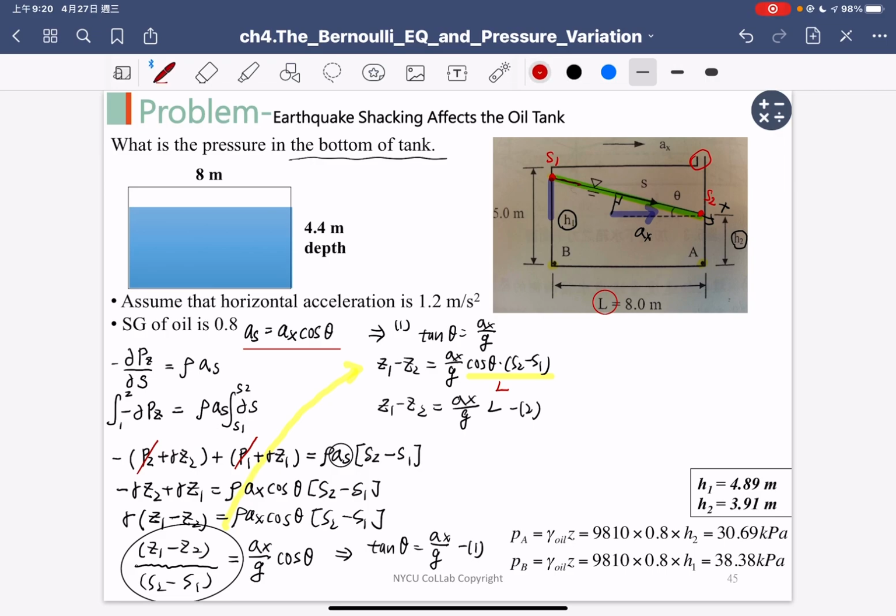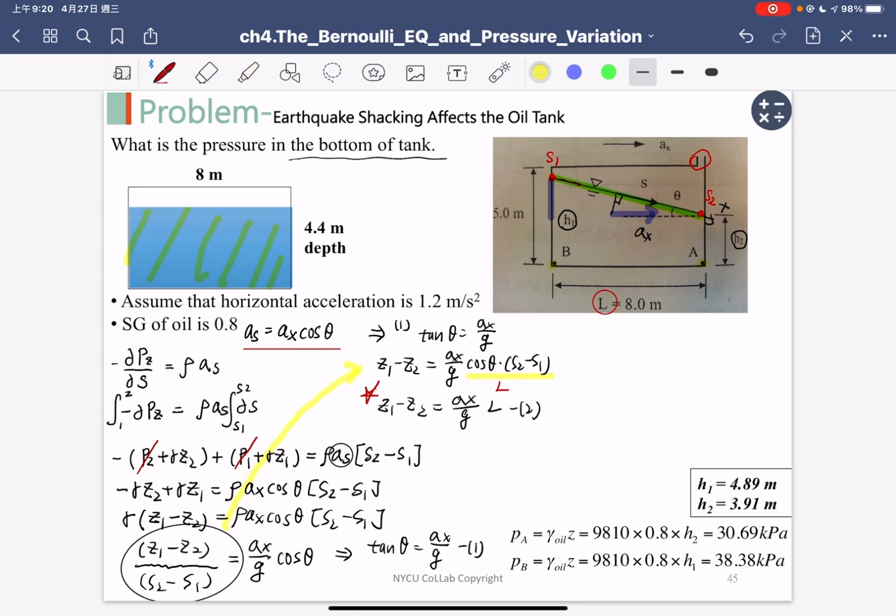Okay, so keep equation 2 here, and we try to find another equation. We know that the volume inside the tank didn't change, right? If the oil flows outside, the volume will change, but we assume the oil didn't flow out, so all of the volume inside will stay the same.